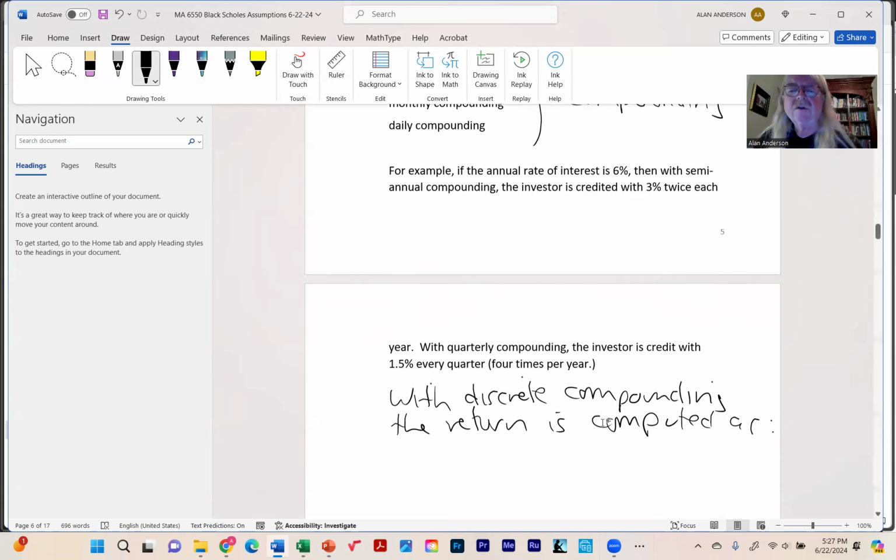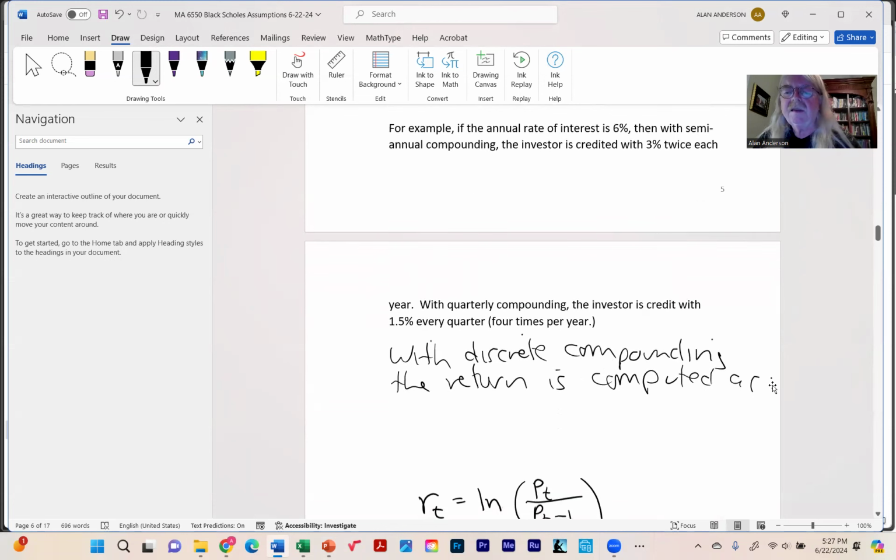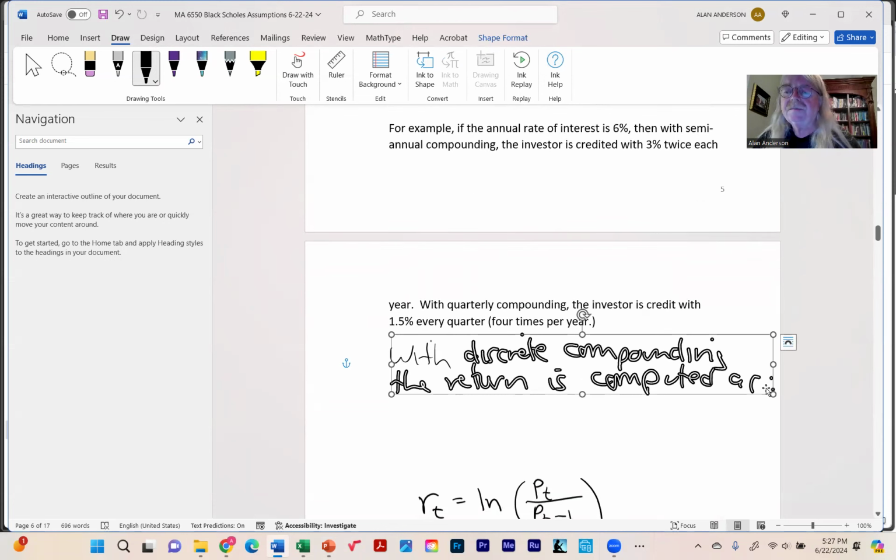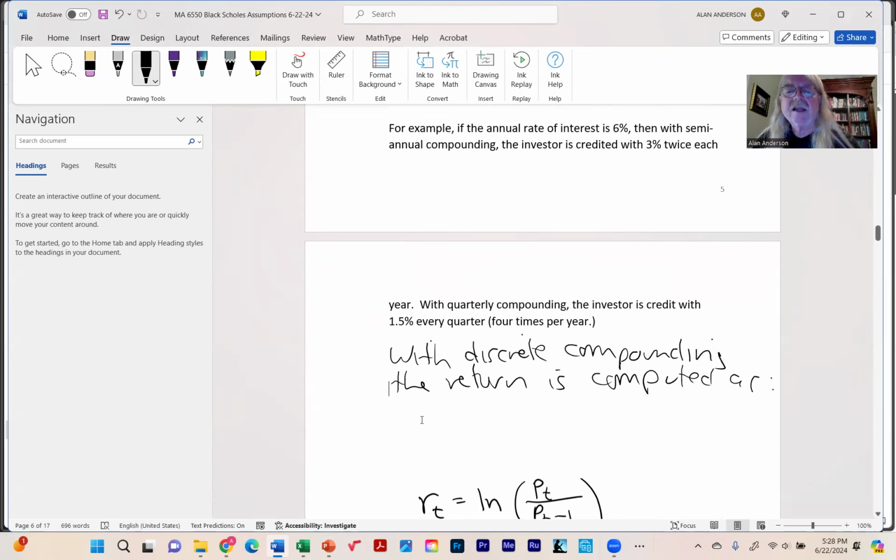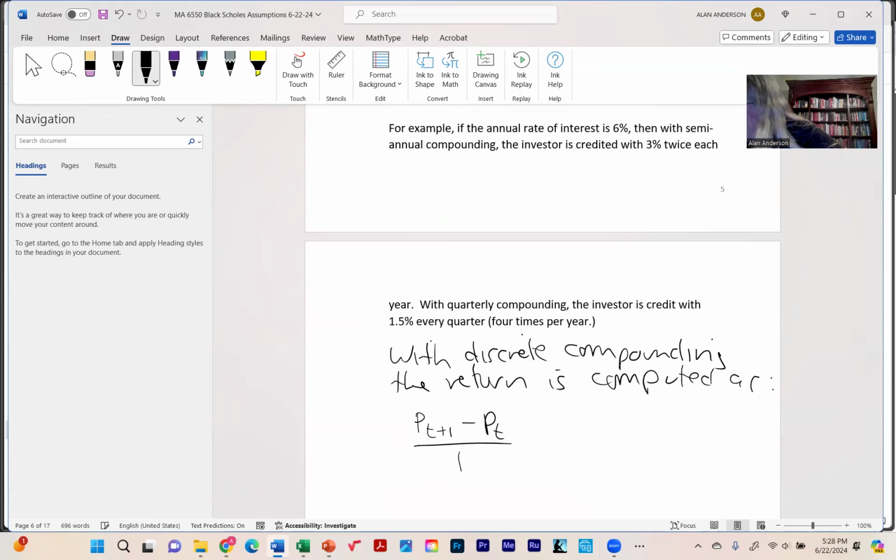It's a very simple idea. All you're doing is taking the percentage difference in the price you paid for an asset and what you sold it for.